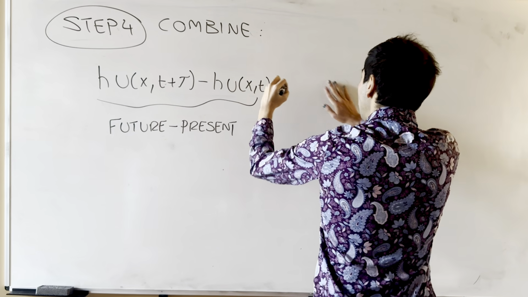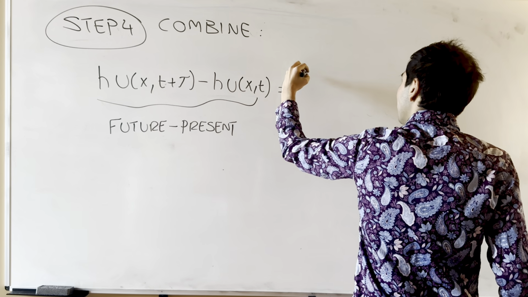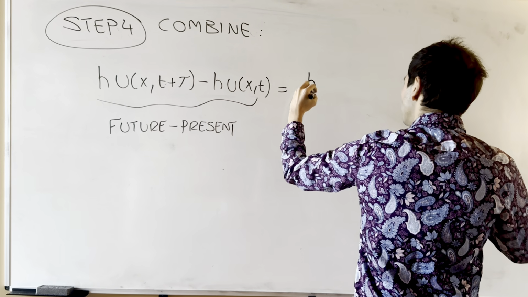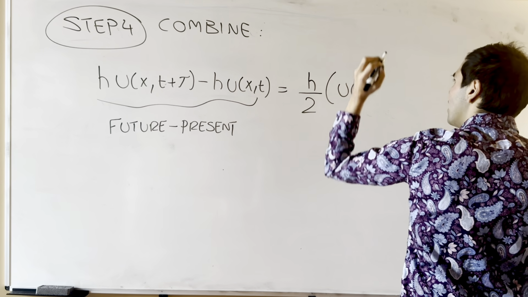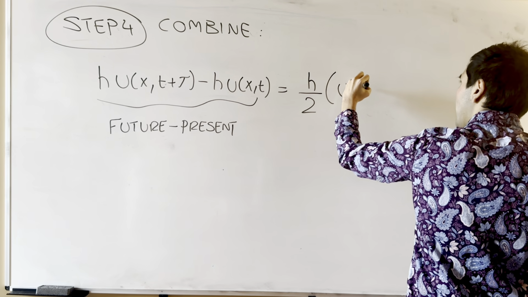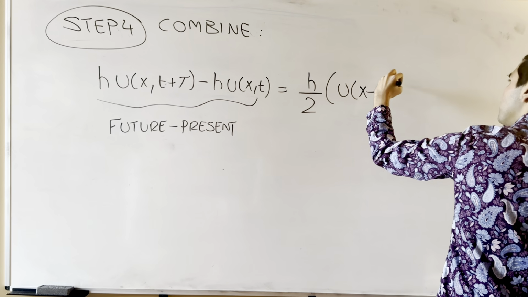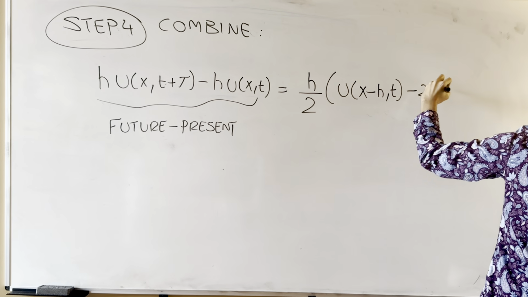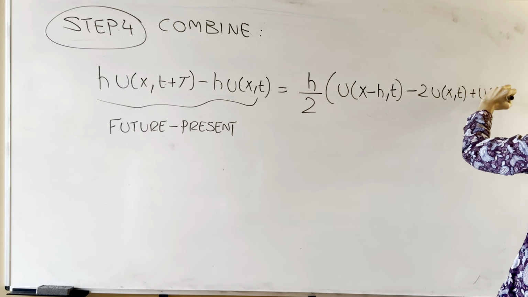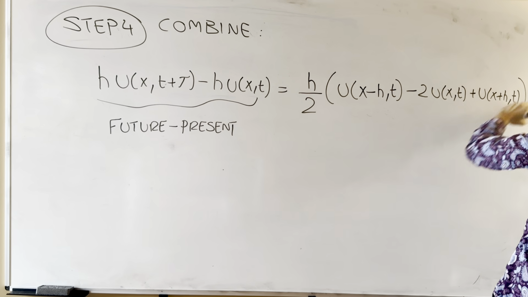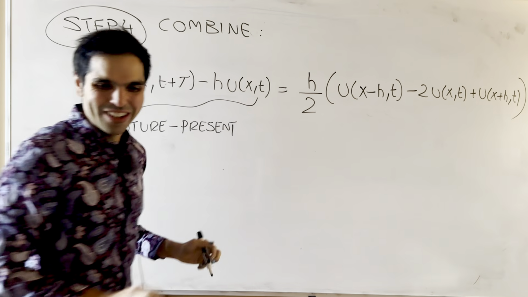And we found out this is the same thing, if I'm not mistaken, as H over 2 and then u of X minus H, T minus 2 u of X, T plus u of X plus H comma T. Or maybe switched around, I don't quite remember.